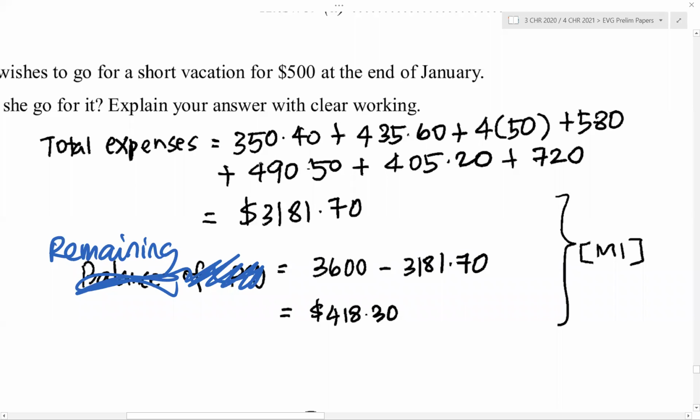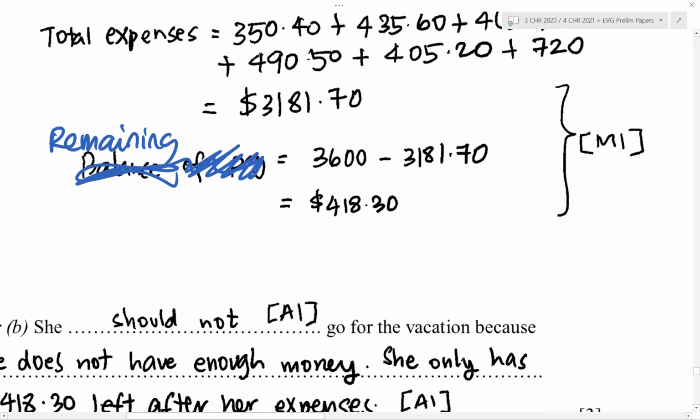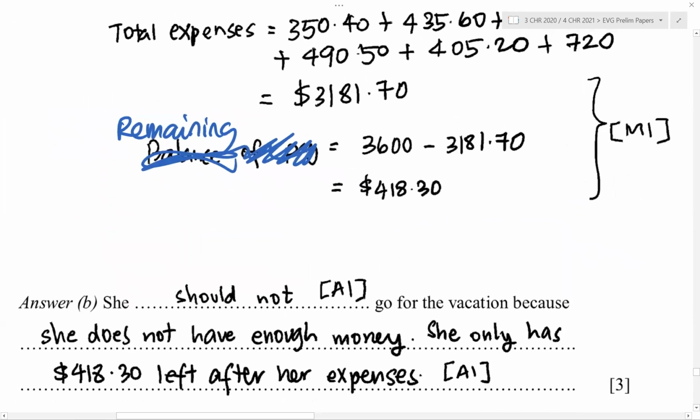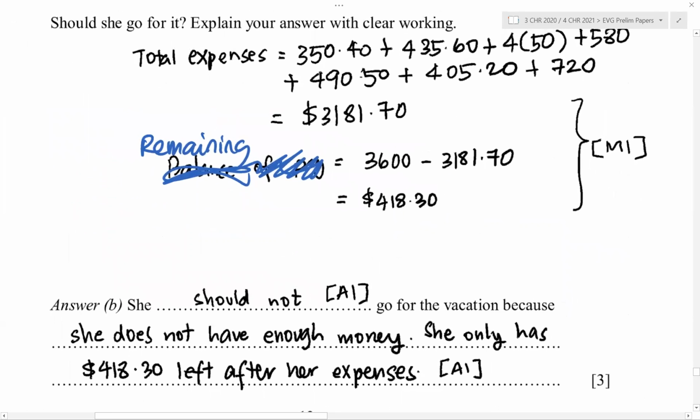Remaining amount. Okay, she should not go. Yeah, she cannot go because not enough money.